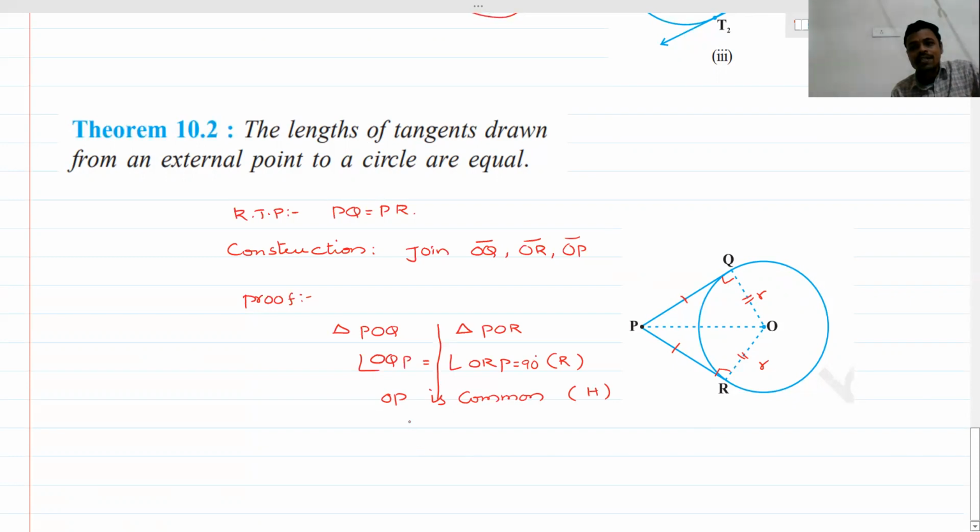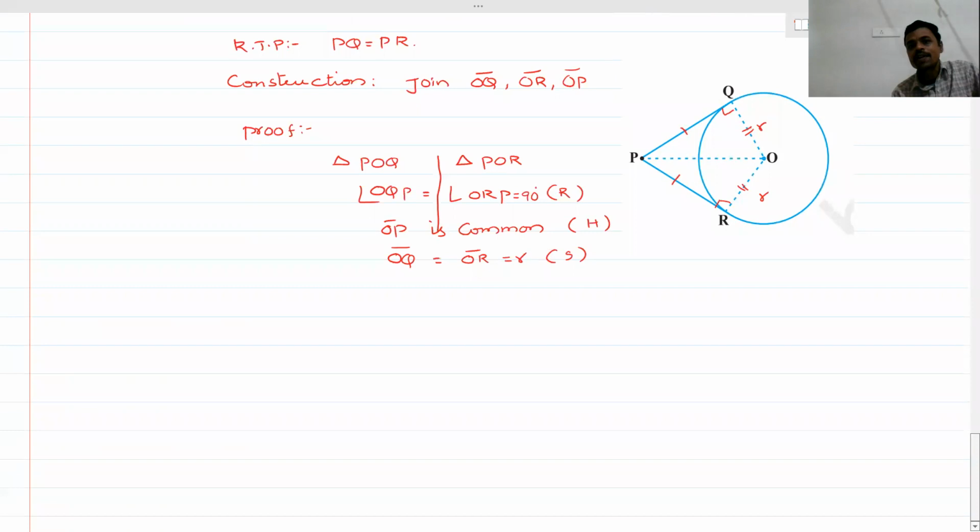Next, OQ is equal to OR. Why? Because they are radii. So by the RHS property, right angle hypotenuse side, these two triangles are congruent.